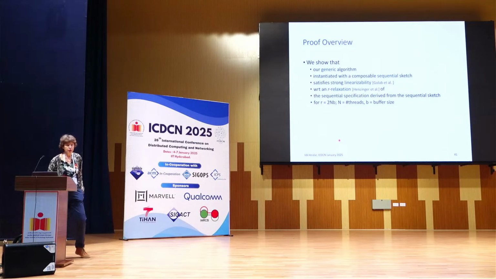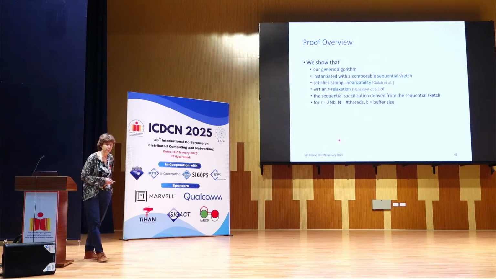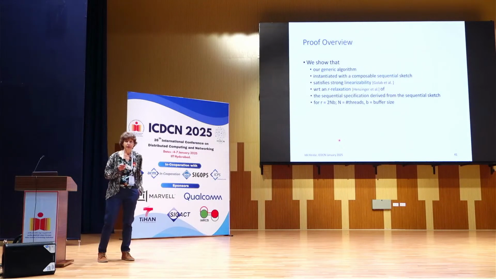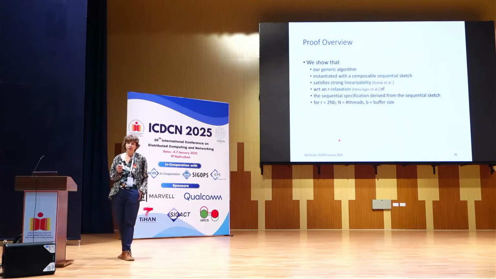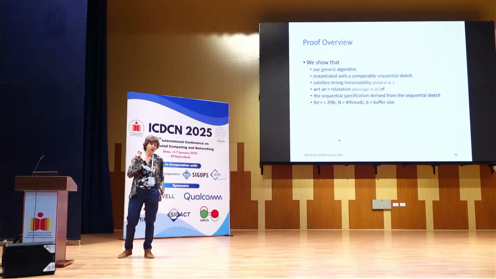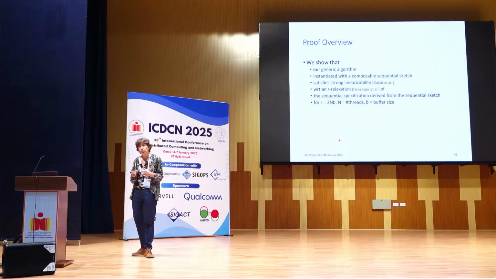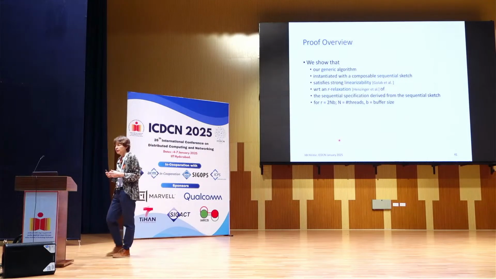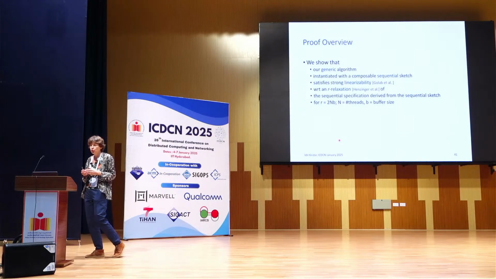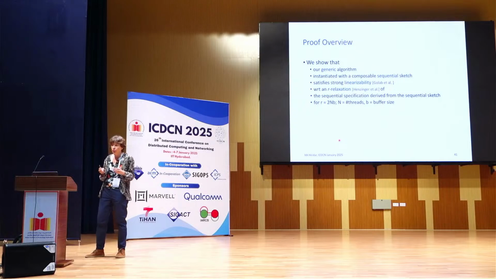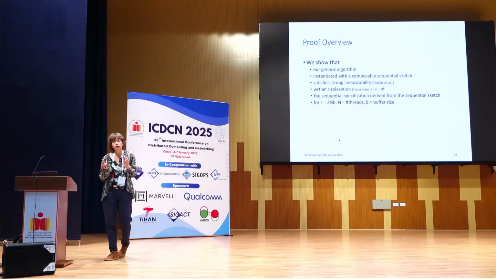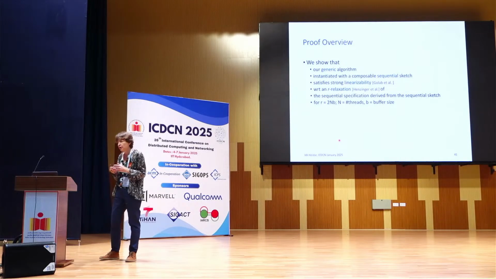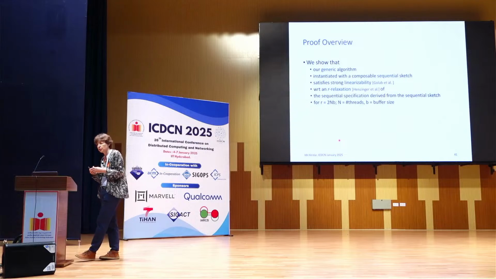Then the interesting question is, what can we say about correctness? And here again, I want to reiterate that we're implementing a generic sketch. The implementation is theta, but the algorithm, the theoretical part of it, is a general sketch. And what we want to show is that the generic algorithm, when you instantiate it with your favorite sketch with any property, what impact it has on the error.